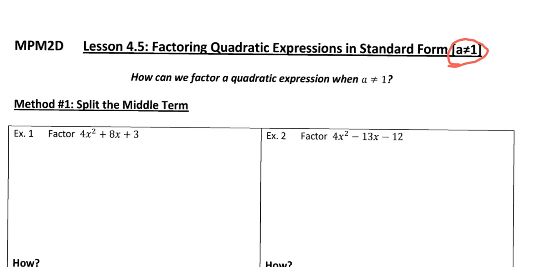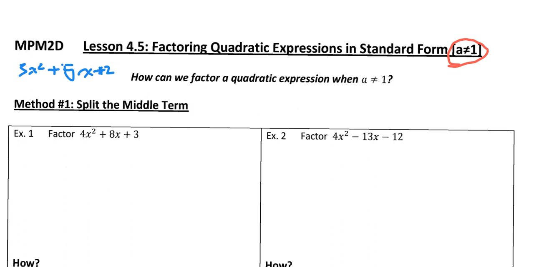For example, you would have something like 3x squared plus 5x plus 2, and I want you to factor it, i.e. take this problem and turn it into intercept form for a parabola. But in order to do that, we have to understand how we're going to do this.